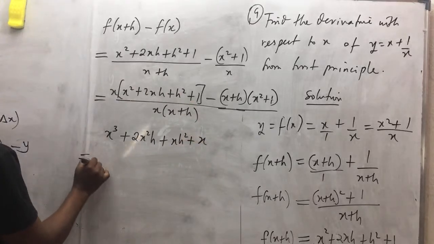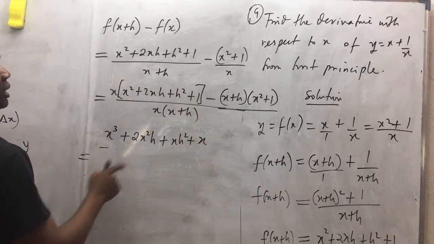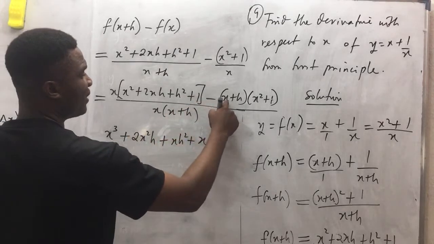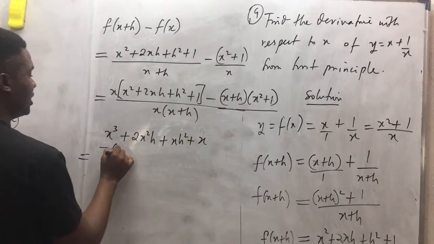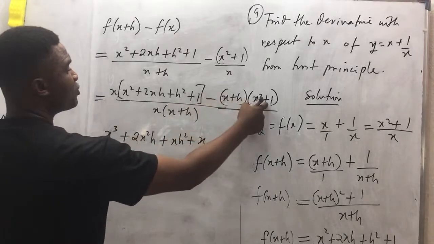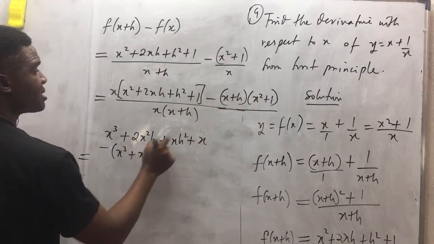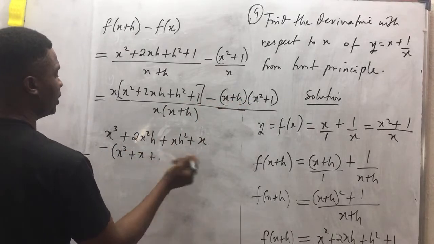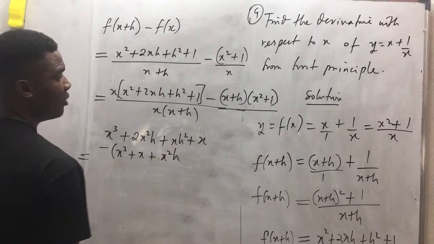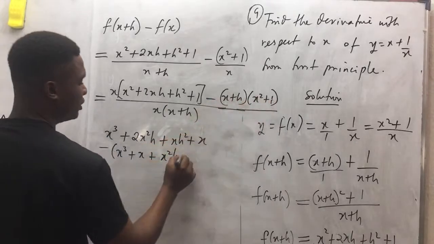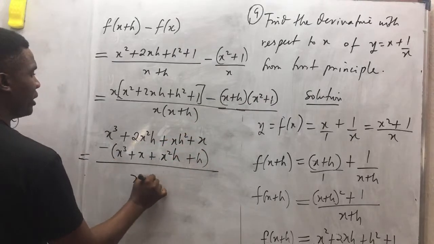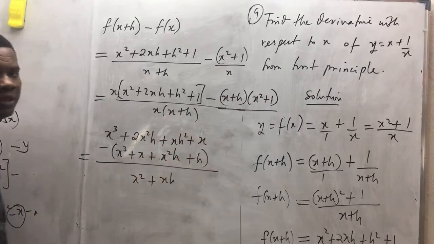Then minus, now expanding this, you have x times x squared is x cubed, x times 1 is x, h times x squared is hx squared or x squared h, whichever one. Okay, then h times 1 is h, all over x squared plus xh when you expand the denominator.